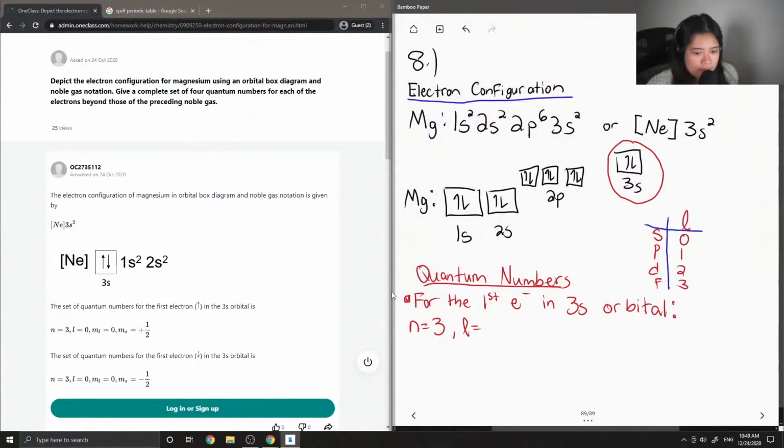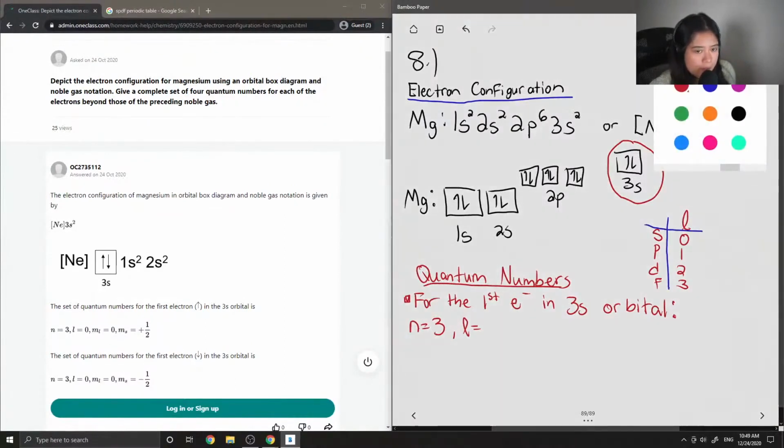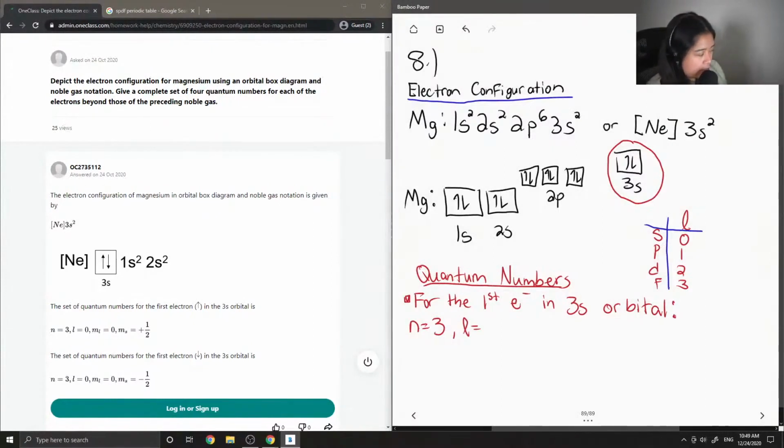So this is that chart. So when we have an electron in the 3s orbital, its l value is equal to 0. So this means its ml value is also equal to 0. And the spin of that electron is plus half. So this is the electron that's pointing up.